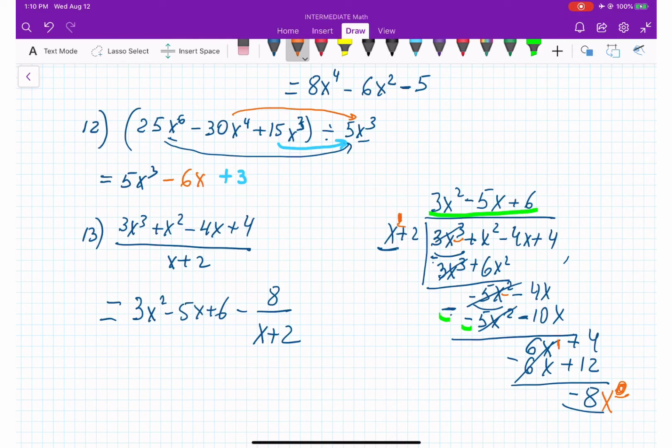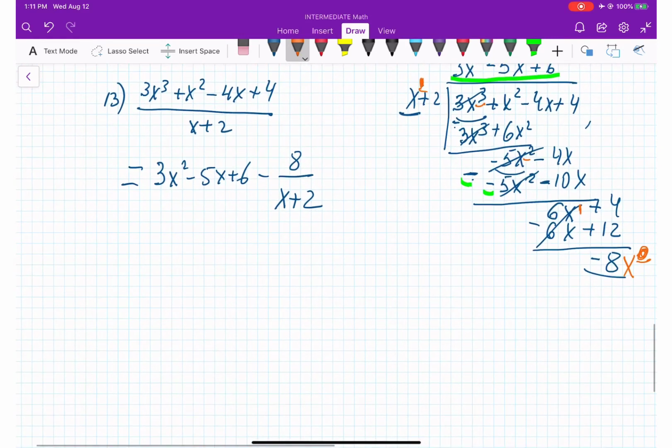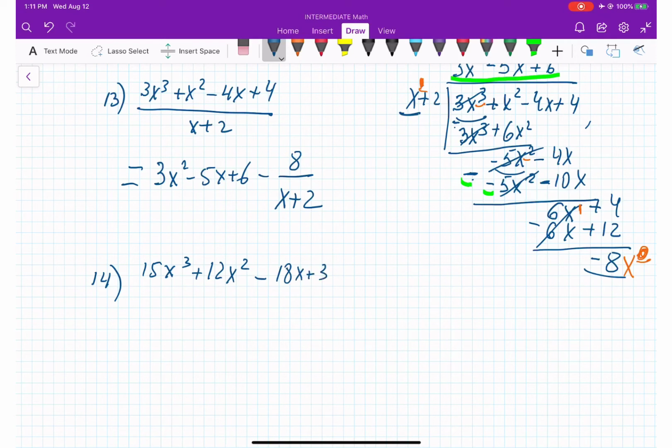Okay, number 13. Number 14. It's going to be 15x cubed plus 12x squared minus 18x plus 3.